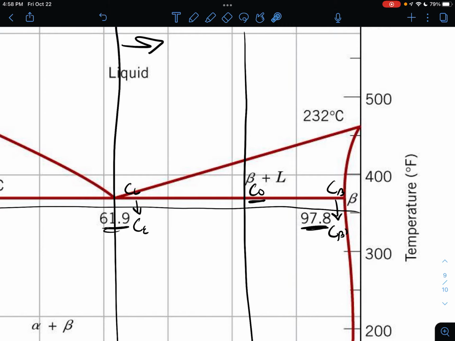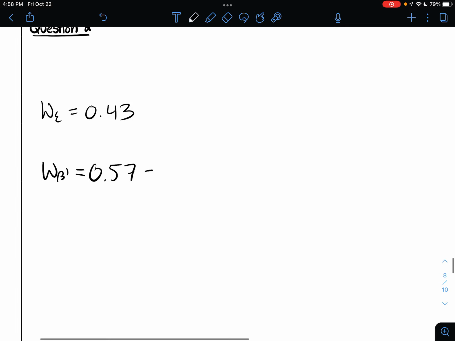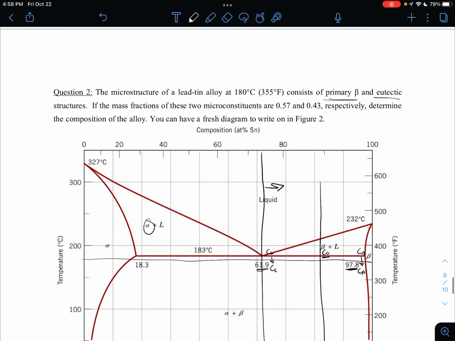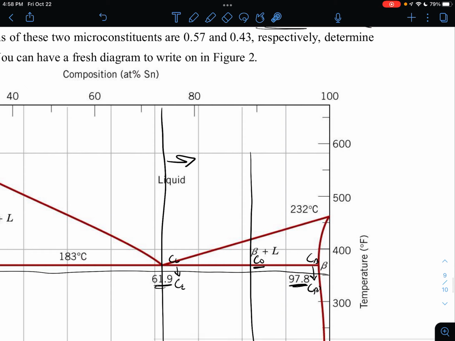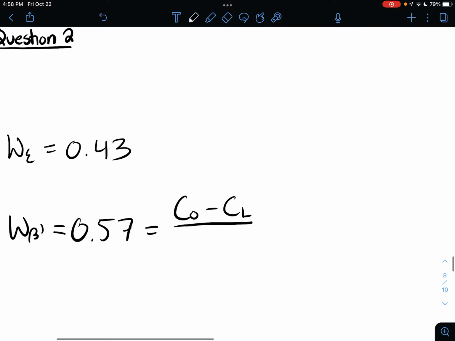So that's going to be C0 minus CL. So it's going to equal C0 minus CL over this whole zone, which is C beta, or C beta prime, I guess, or either way, C beta minus CL.